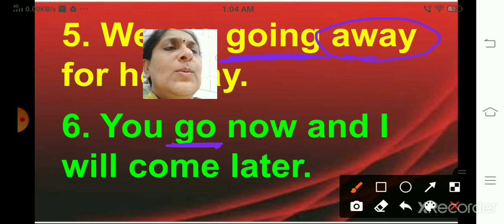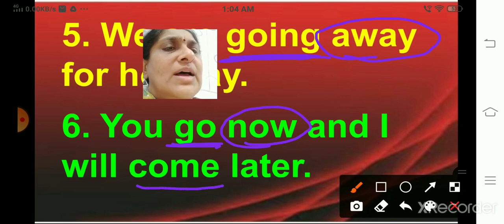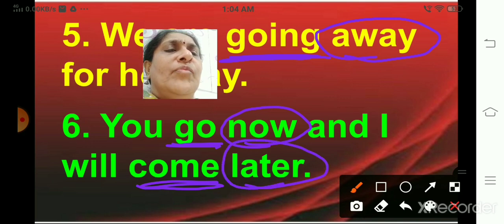Go is a verb. And now. Now what is now? Adverb. Come is a verb. And later is an adverb.